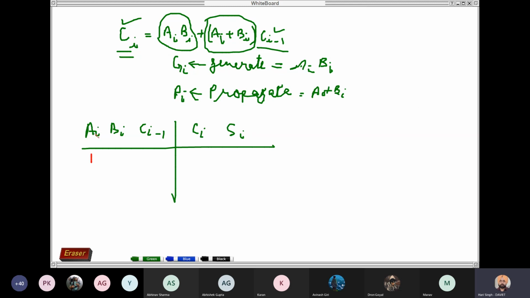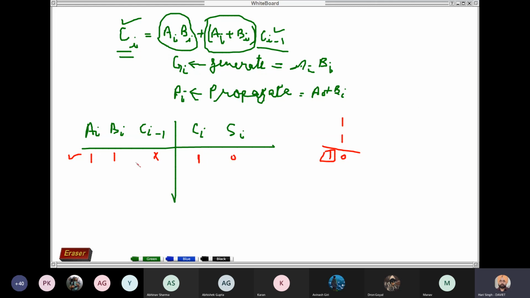Inputs Ai and Bi are both 1. If we add 1 and 1, you will have 0 1, so one carry will be generated, and you will have a carry output. With this combination, a carry Ci is generated without considering Ci minus 1. Regardless of Ci minus 1, a carry is being generated at Ci.